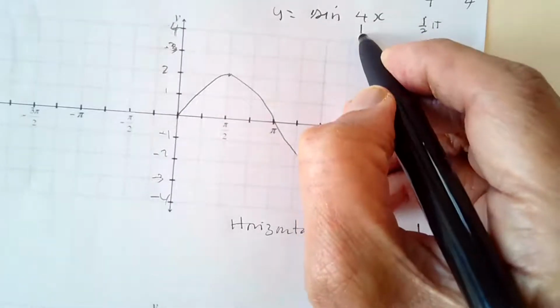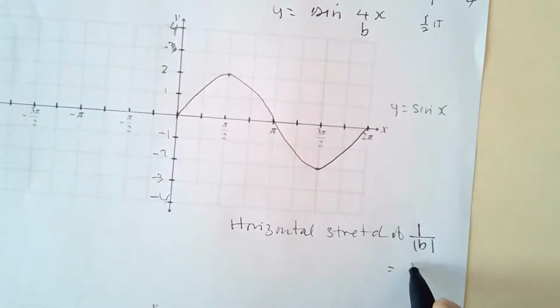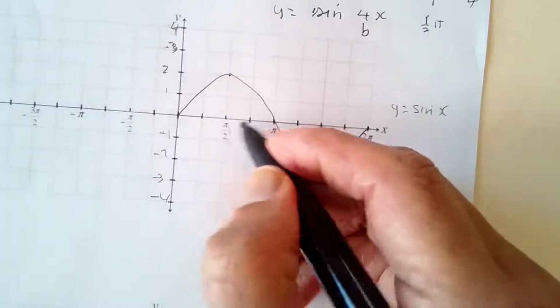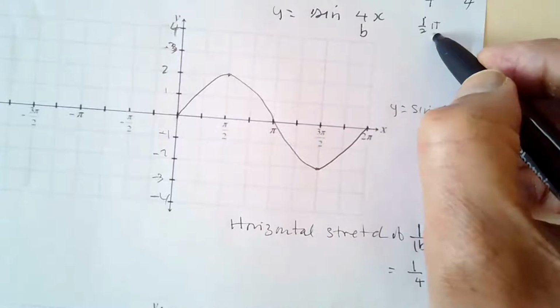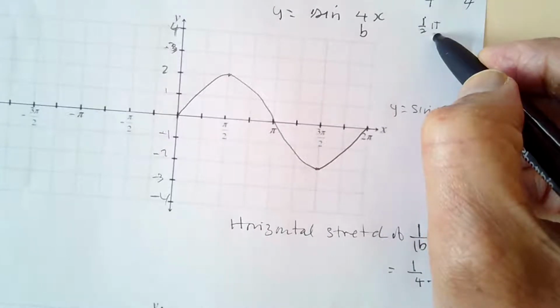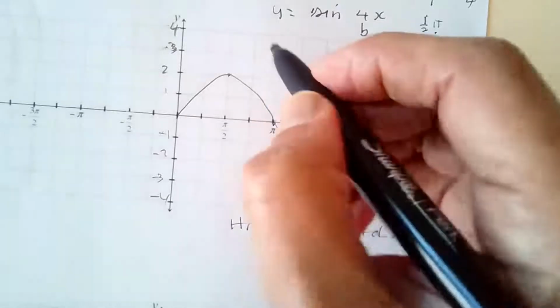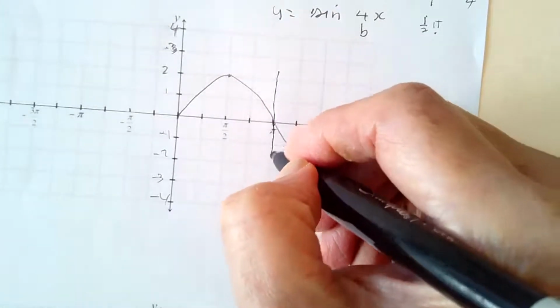So now this is your b value. So it's 1 over 4. So we have a horizontal stretch by a factor of a quarter. Okay. But also the period is half a pi. So now instead of it being complete here, the period ends there.